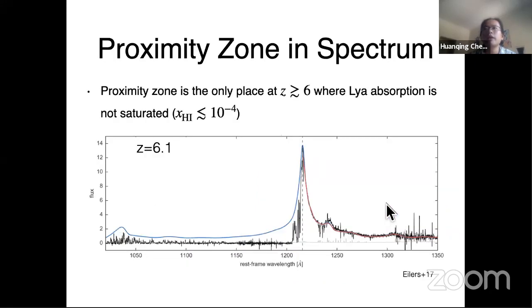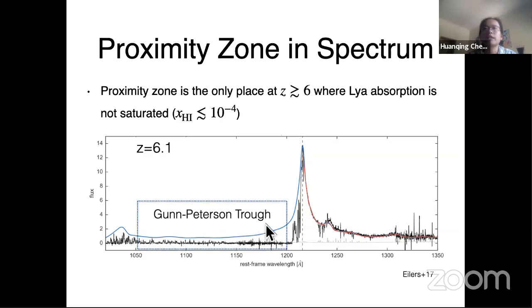Here I show an example from Eilers' paper. This is a pretty typical reionization epoch quasar. Although at redshift 6 the universe is already mostly ionized, because of the large cross-section of Lyman alpha photons, as long as there is some trace of neutral hydrogen, we will still see saturated absorption.